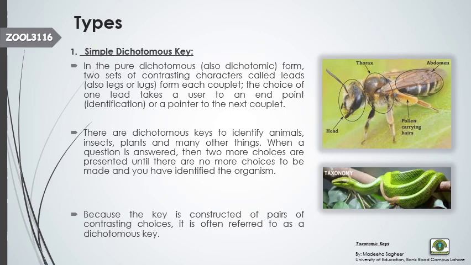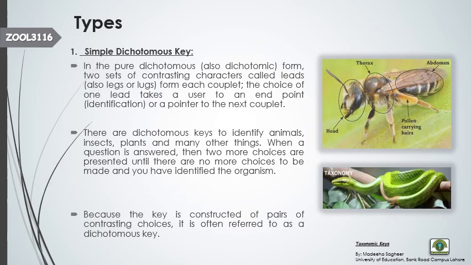The choice of one lead takes the user to an end point or to a pointer to the next couplet. If our first choice is right, then we will find the identification. If our first choice is no, then the key will ask us to go to the next couplet, or the next choices of characters to match.